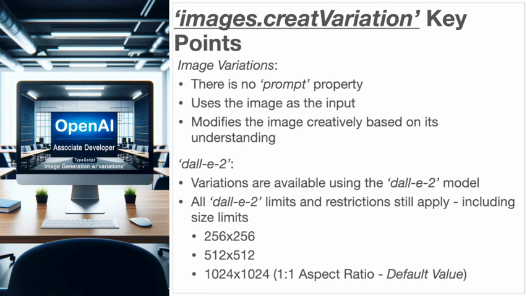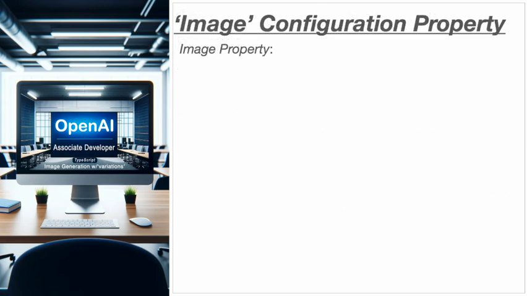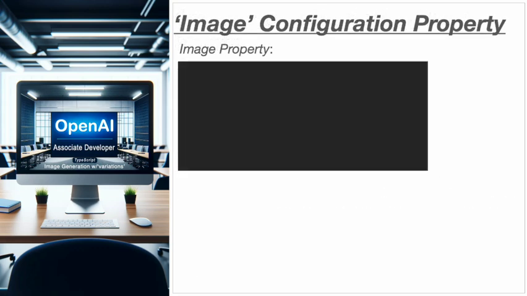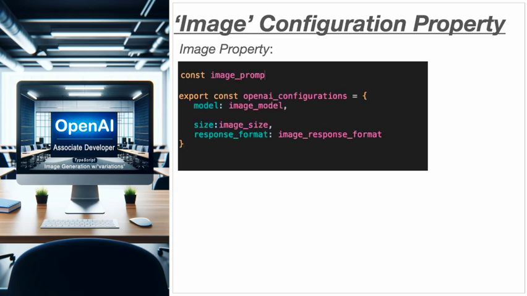As mentioned, unlike the OpenAI Images Generate call, where the prompt is central, createVariation uses the image property as its input. This configuration property requires the actual contents of the image file and cannot be a reference or a URL. Therefore, when calling the OpenAI createVariation, if your image is associated with only a URL, you'll need to download the image to get the actual image content read in from a file.